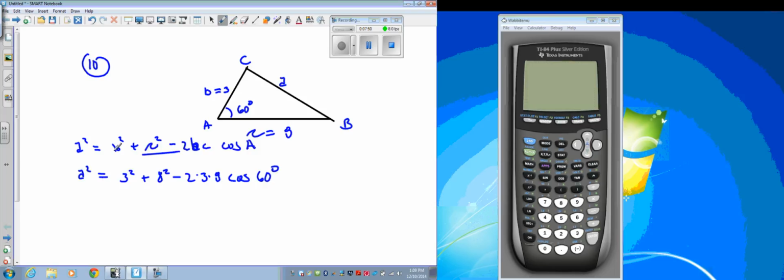This side is going to involve only these values. So then a is going to be the positive square root of this, and it's going to be 9 plus 64 minus 48 cosine of 60. And cosine of 60 is what? We know it, don't we? Off the top of my head, half. Yeah, it's 1/2.